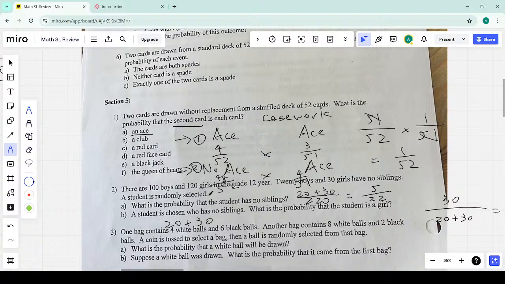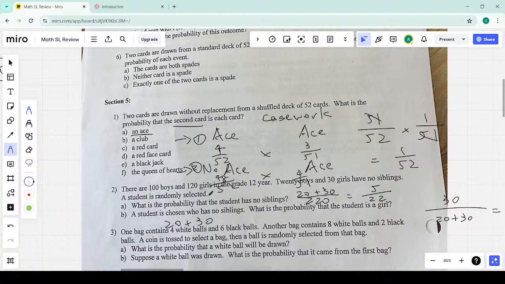A student is randomly selected. What is the probability that the student has no siblings? Well, that would be 50, because 20 boys and 30 girls have no siblings, over the total, which is 220, because that's the total, right?